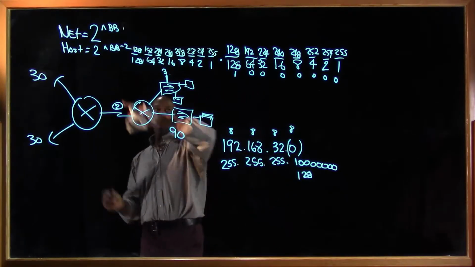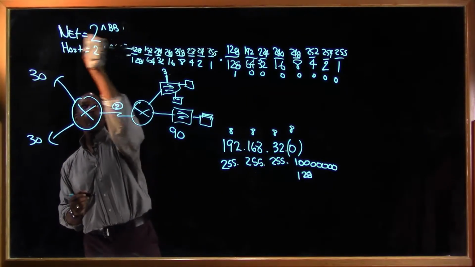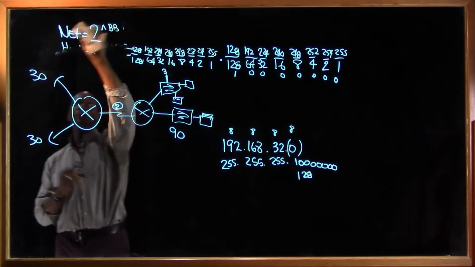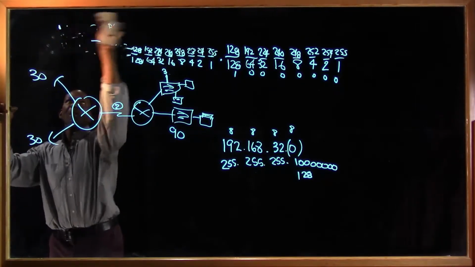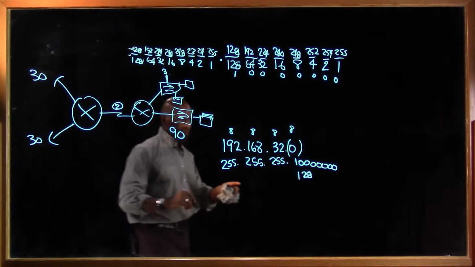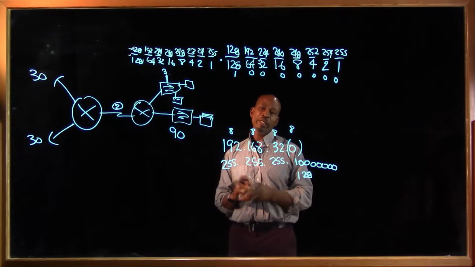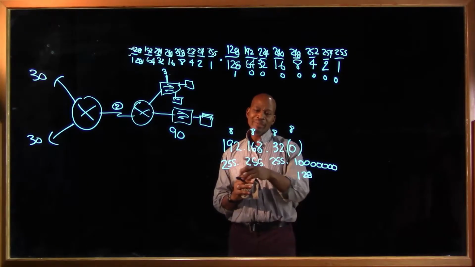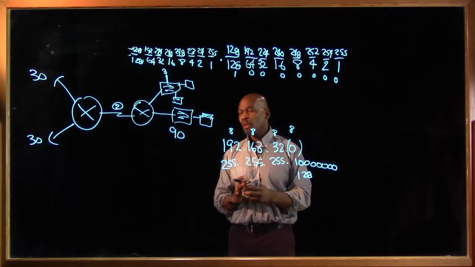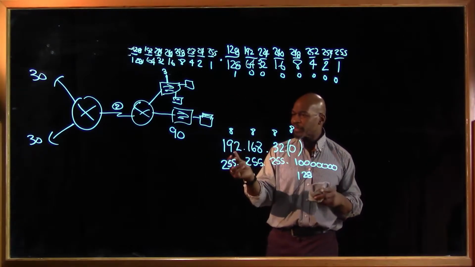Now, you can imagine that this continues for another 2 octets. So when we see this number, it is represented in a 32-bit dotted decimal number, and we write it as this.